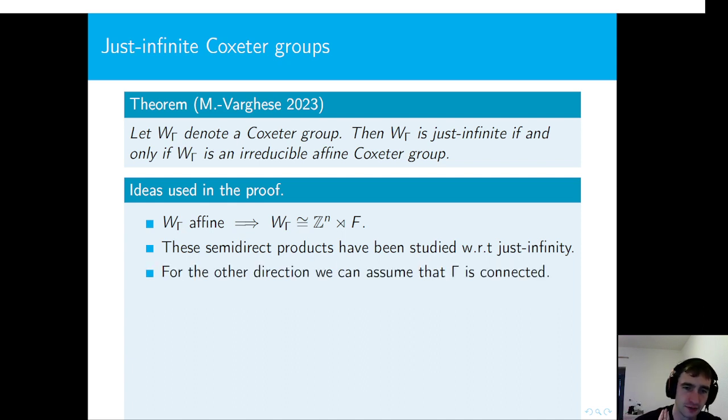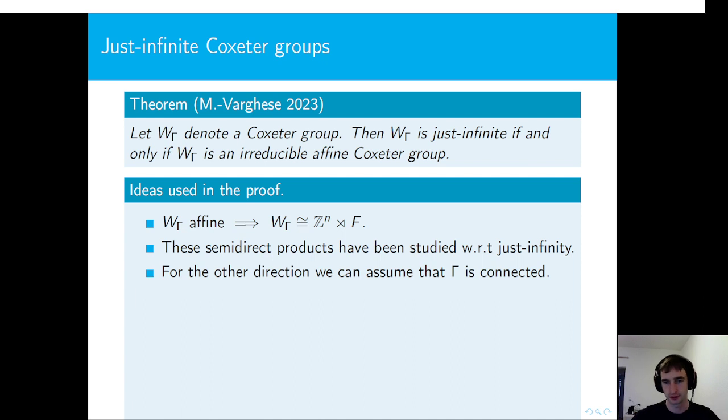Okay, so the other direction, what we will show is that if we're given a Coxeter group which happens to be not irreducible affine, then it's not just infinite. So first of all, if I'm given any Coxeter group and the defining graph Γ is not connected, then I end up getting at least two factors, and at least one of them is infinite, and then I can easily construct a quotient which is infinite by just modding out one of the factors which happens to be non-infinite.